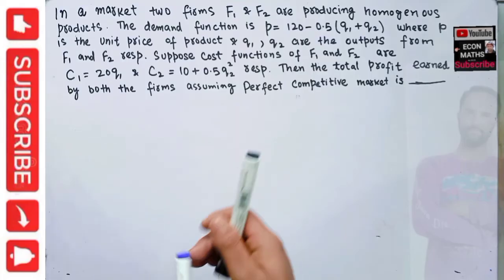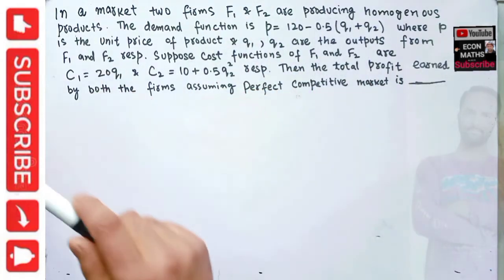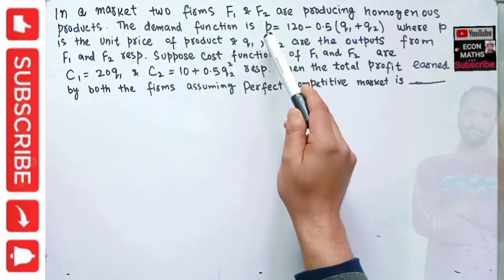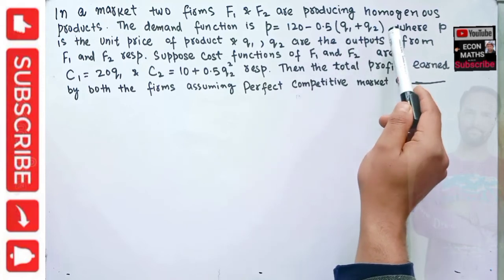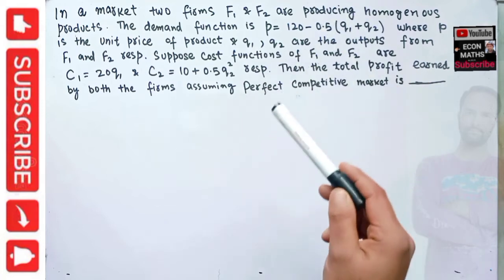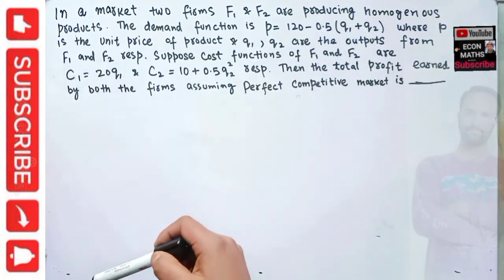Next question is, in a market, two firms F1 and F2 are producing homogeneous products. The inverse demand function is given as P equals 120 minus 0.5 (Q1 plus Q2), where P is the unit price of the product and Q1 and Q2 are the outputs from firms F1 and F2 respectively.